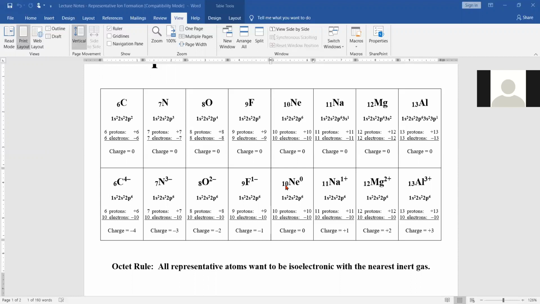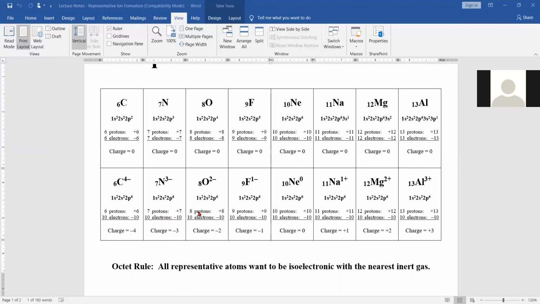Most systems strive to get to lowest energy. And so these representative atoms can do that. If they're metal atoms, they can get to lower energy by losing their valence electrons. If they're non-metal atoms, they can do it by gaining valence electrons.